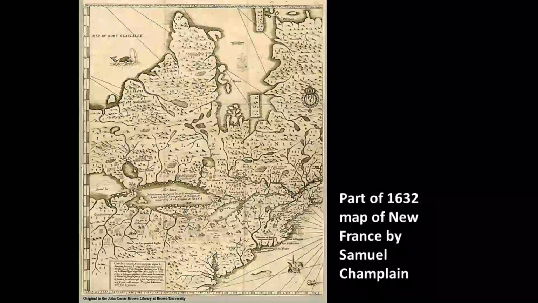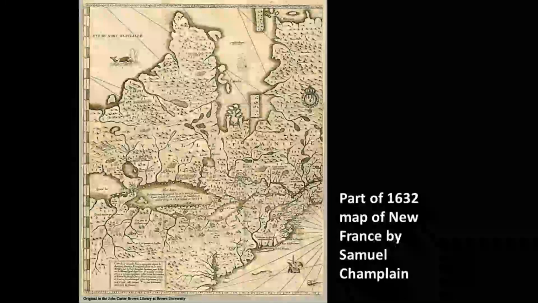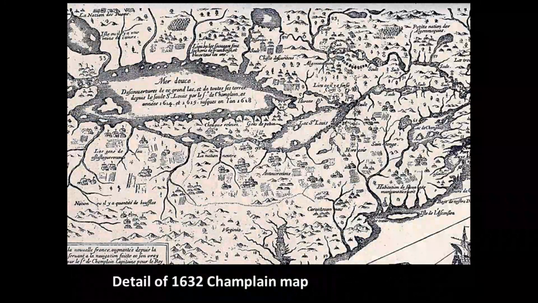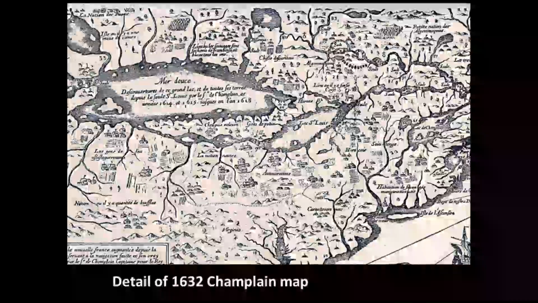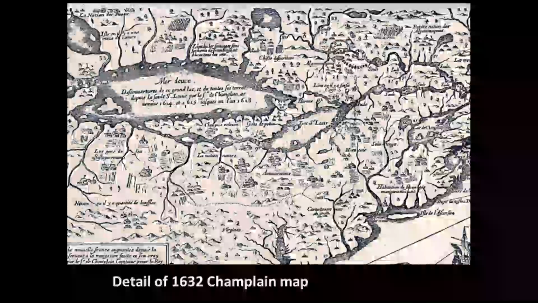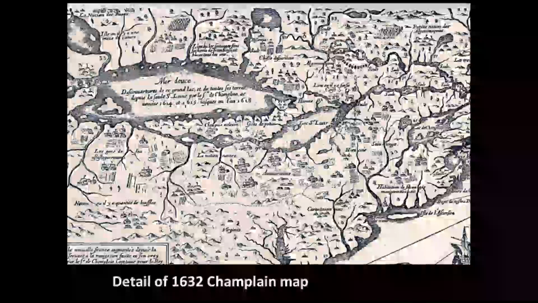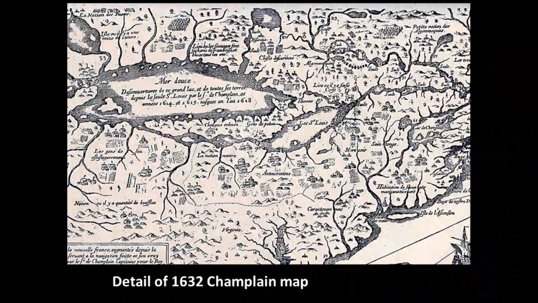So if we were to consider, for example, this map by Samuel Champlain of New France, and I'll zero in now here, you can see the absolute and utter density of all these native towns and villages and cities all throughout the Great Lakes region, right? And it's always humorous, right, that we say, oh, yes, the French established a fur trade.